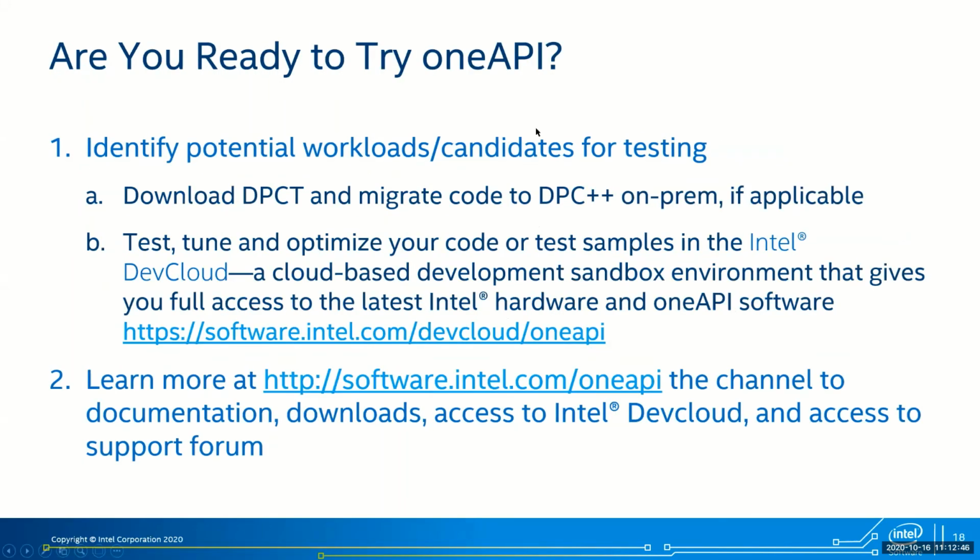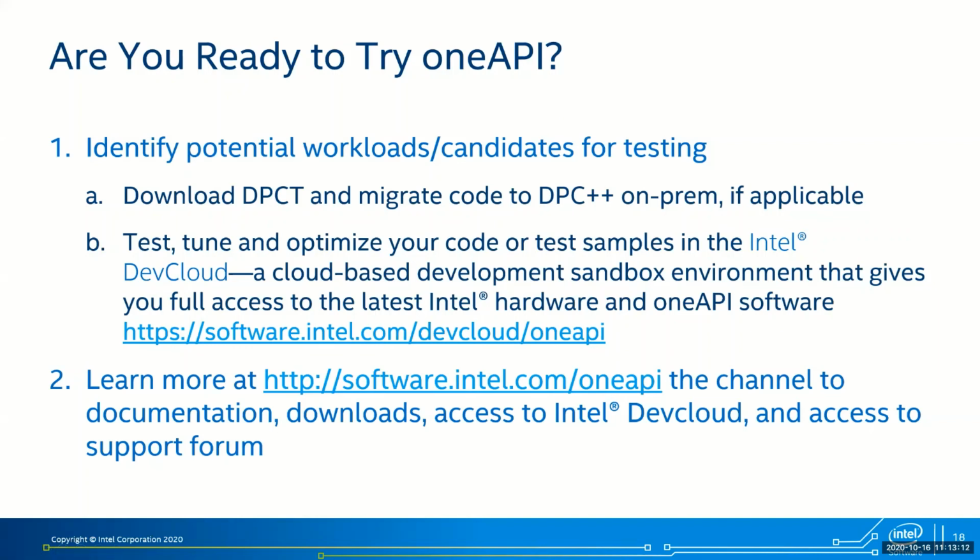Finally, as other folks you may have heard already, if you're ready to try oneAPI, we have Intel Dev Cloud, where you can go and try out codes. You can identify potential workloads from your existing work. You do have to download DPCT from the core toolkit.